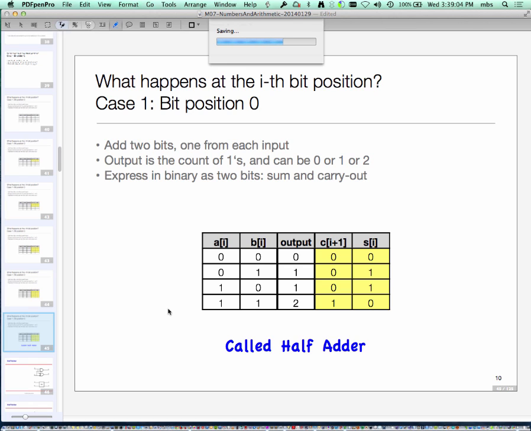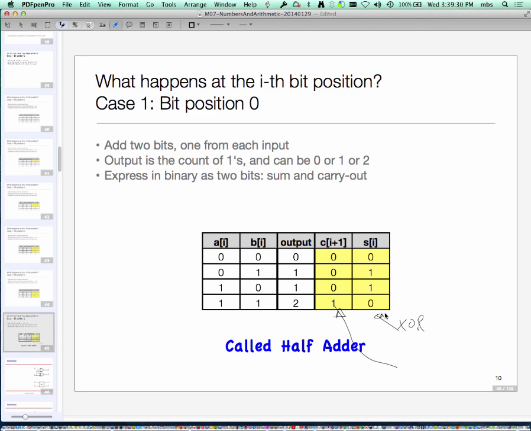So let's look at this. What do you think is the logic equation for S of I? Does it remind you of any particular gate we have seen? XOR, exactly. So this is nothing but an XOR. What about the carry out? What is that?